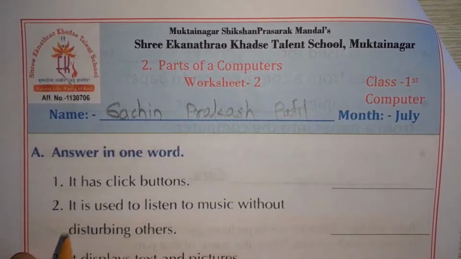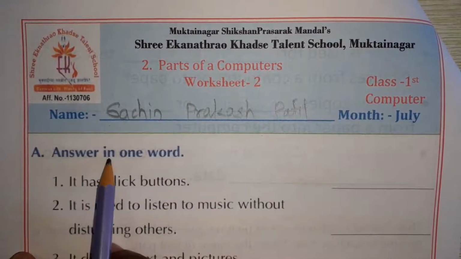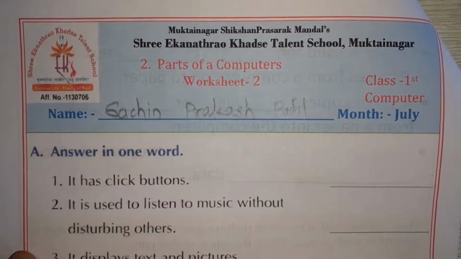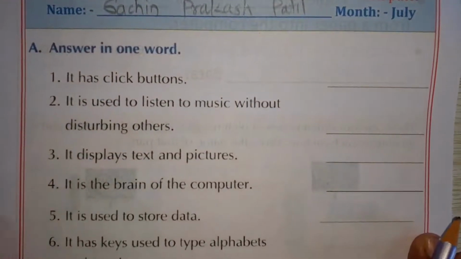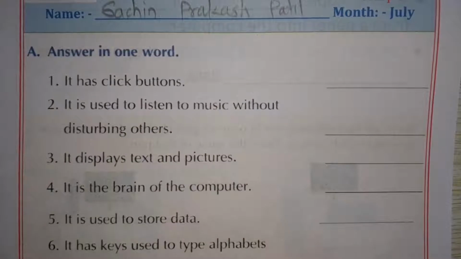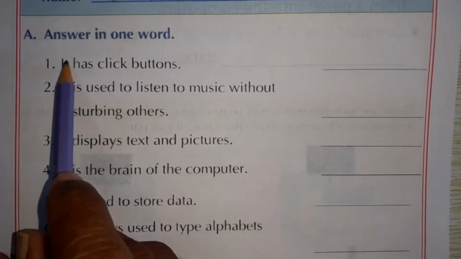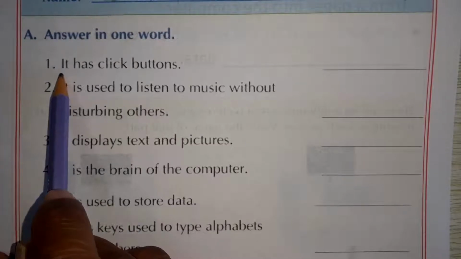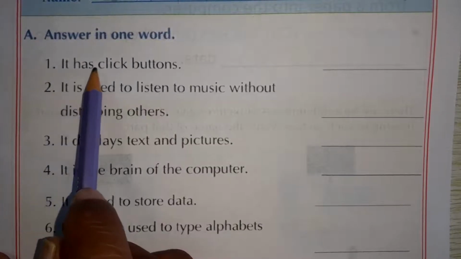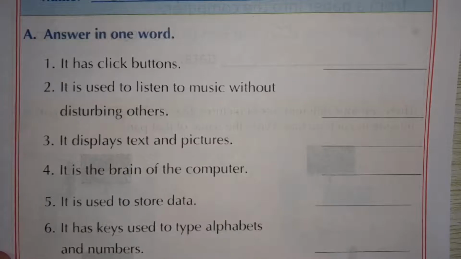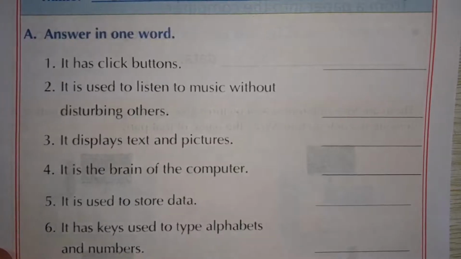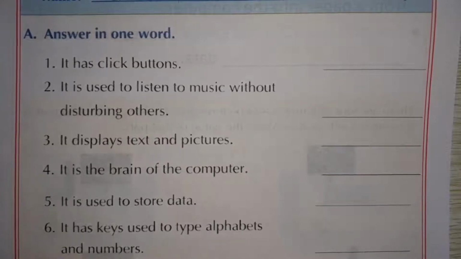Now see. Answer in one word. You have to write the answer in only one word. Okay? What is the first sentence? It has click buttons. Which part has the click buttons?